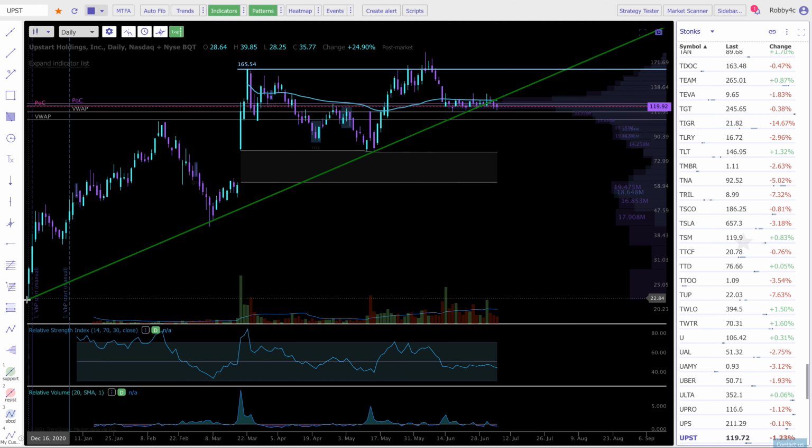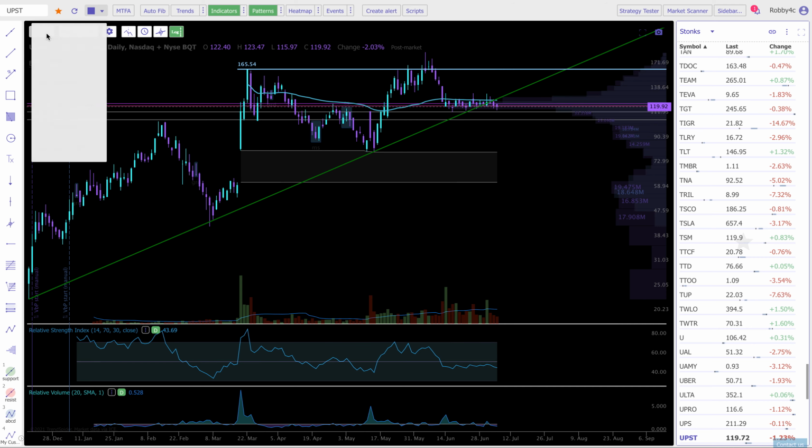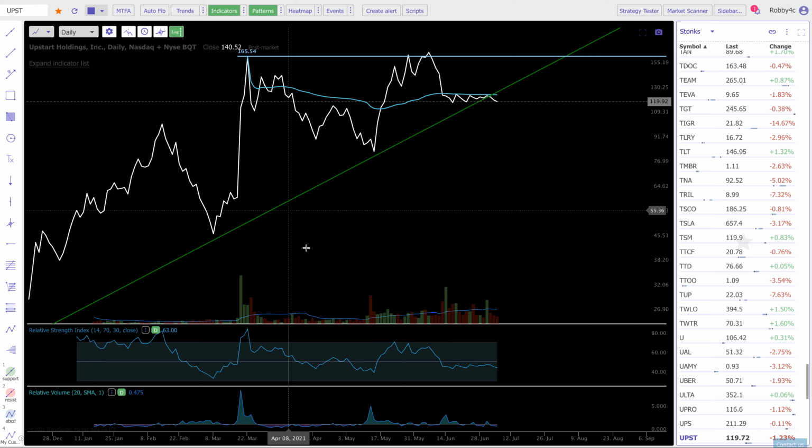One example here is on Upstart. We have a trend line starting here, touching these two points, touching this point up here, and then it finally is breaking to the downside the last two days. And then if I switch over to lines, the trend never started.